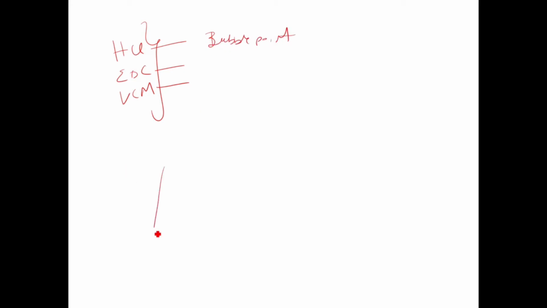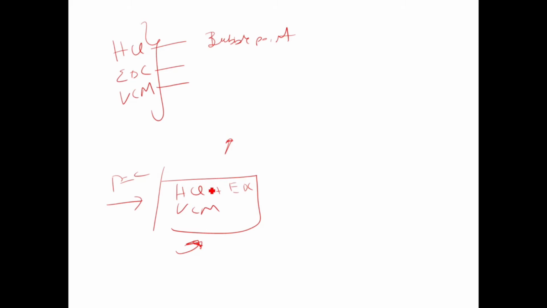Imagine you have this fluid mixture: HCl, ethylene dichloride, vinyl chloride monomer. Let's maintain the pressure constant, and then heat the fluid mixture. The temperature at which you see the first bubble is what we call the bubble point. Once you raise the temperature, the vapor fraction will increase.